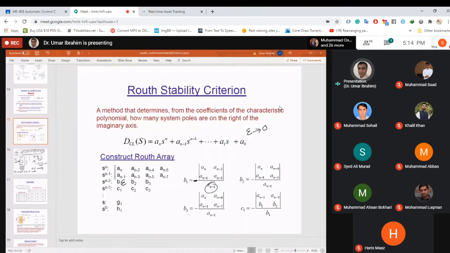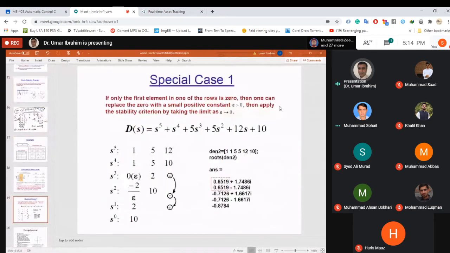approaching 0. A very small positive quantity approaching 0. So epsilon is a positive constant, a very small positive constant for all intents and purposes.